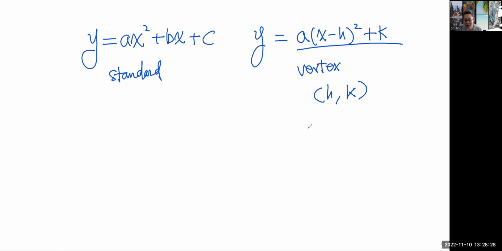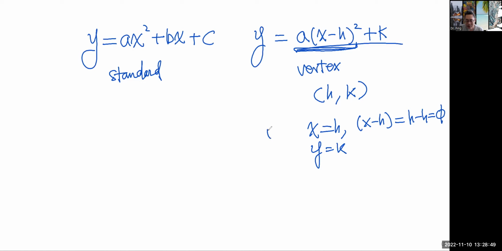When x is equal to h, then x minus h is equal to h minus h, which equals 0. So this term is 0, then y would equal k. So when x equals h, y equals k. That means that point is our vertex point.